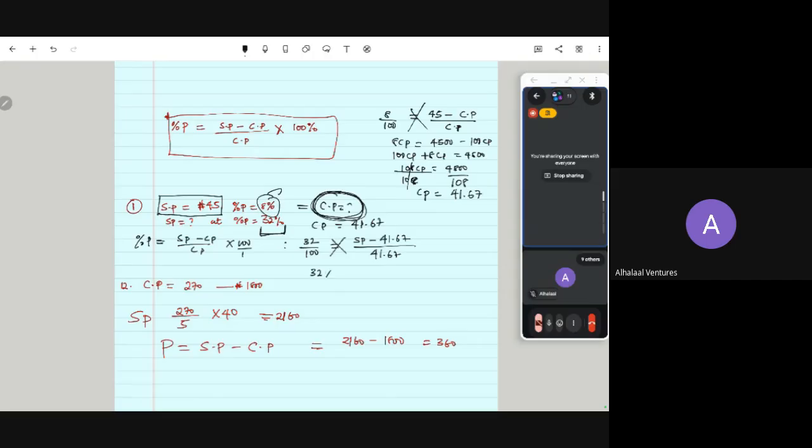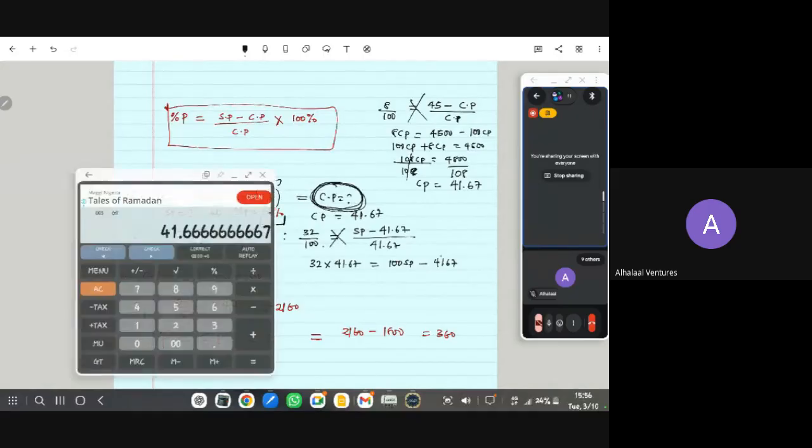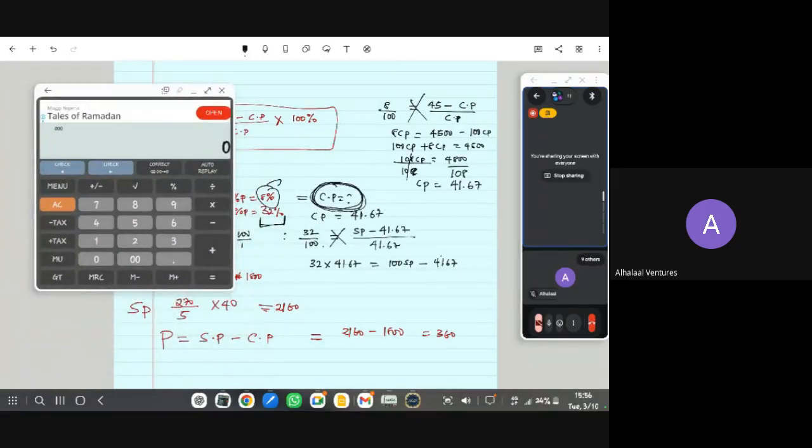So we do 32 times 41.67 equals 100 SP minus 4167. That's 100 multiplying this to move the points. So let's bring this one here. Now we have 32 times 41.67, which gives us 1333.44.